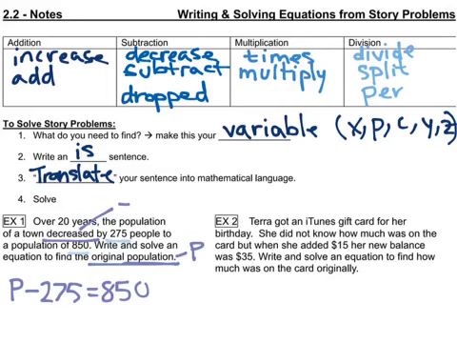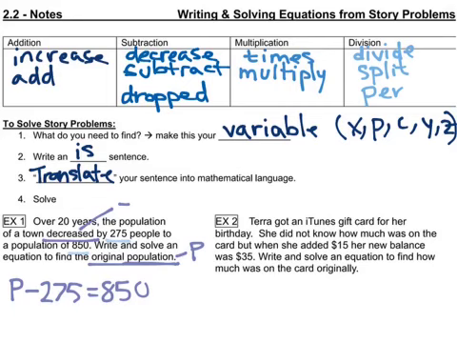To a population of 850. So I think that this is well translated into mathematical language. So the population minus 275 is 850. So that's my is sentence that I could translate. I could have written that out in words. Population minus 275 is 850.